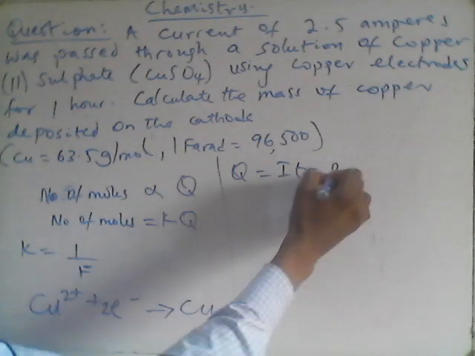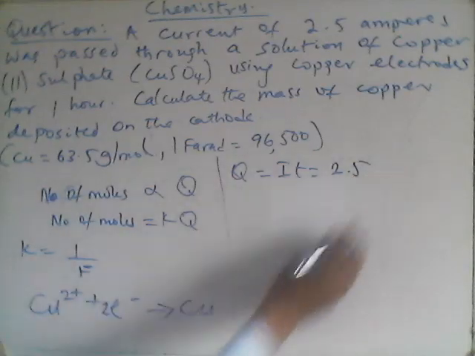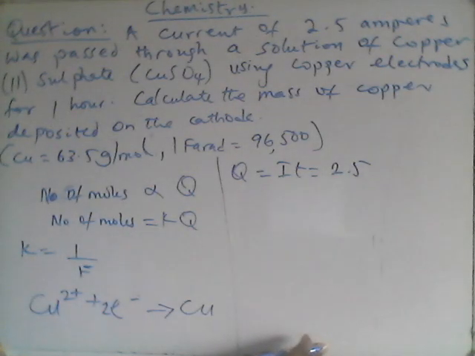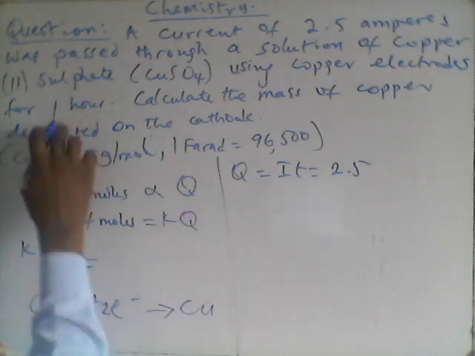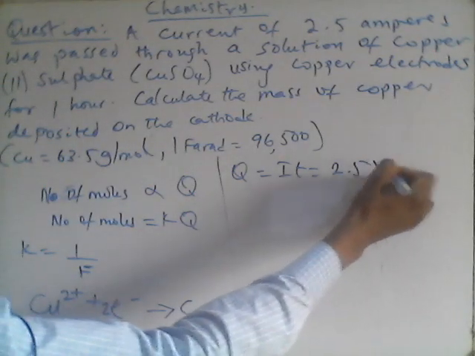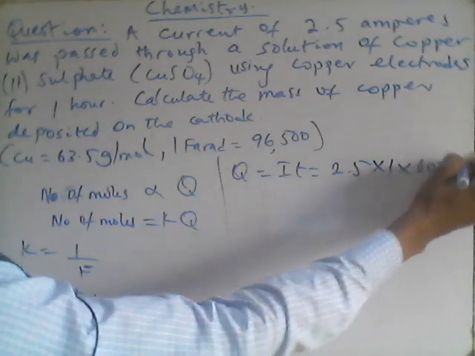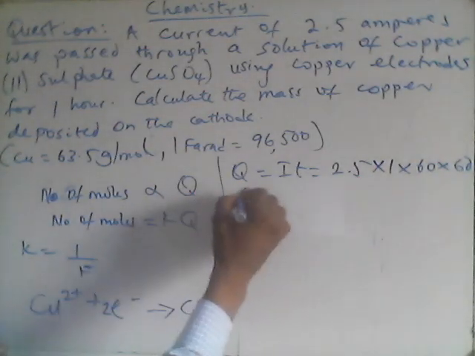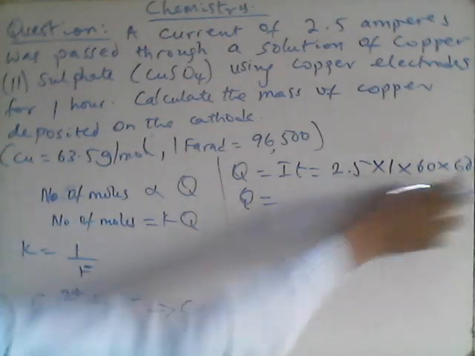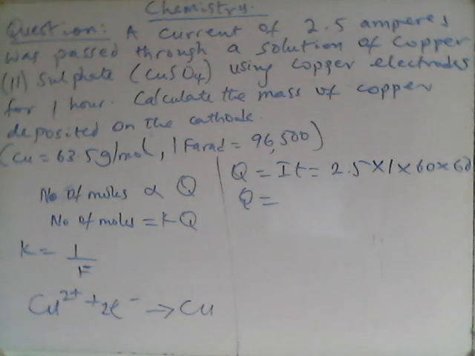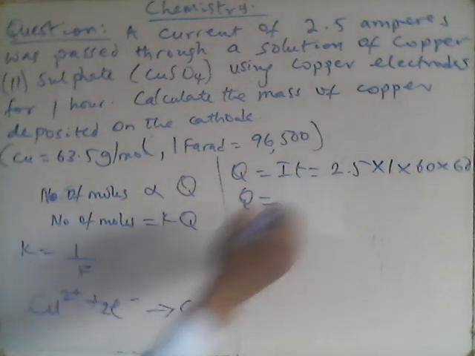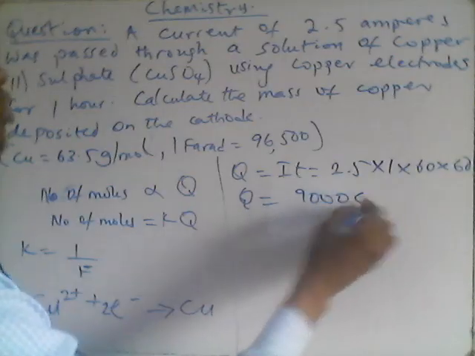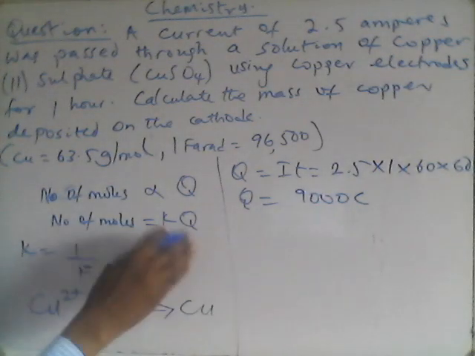Current is 2.5, and time is 1 hour. One hour is 1 times 60 times 60, because I'm converting the hours into seconds. So the quantity of electricity, I times t, will give me 9,000 coulombs.